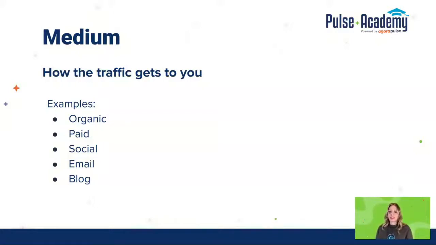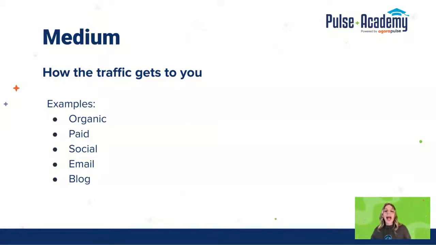I'm actually going to start, when I'm defining each of the 5 UTM parameters, with the second parameter that shows up in order at the end of a URL, because I think it's the biggest bucket. When we talk about a medium, it's the biggest bucket, and it's how that traffic gets to you.